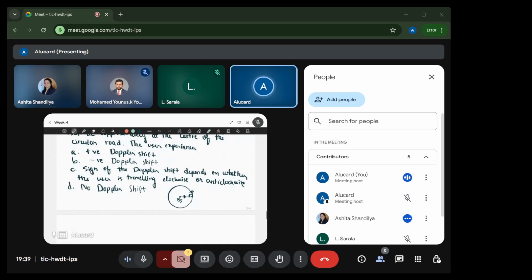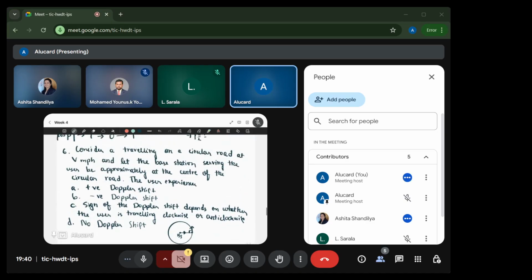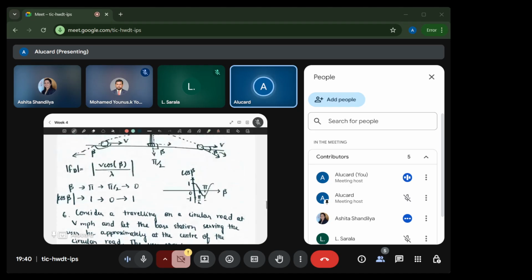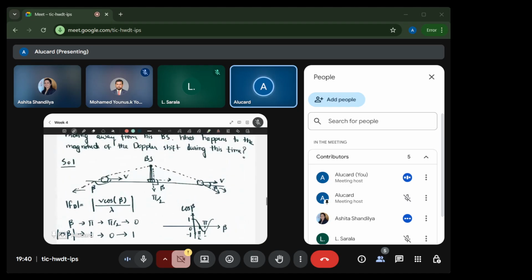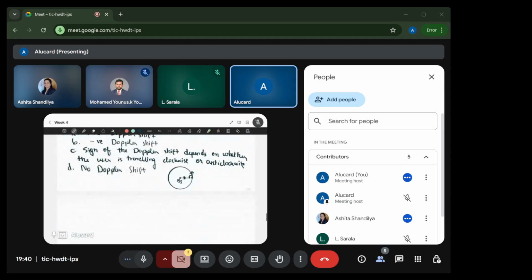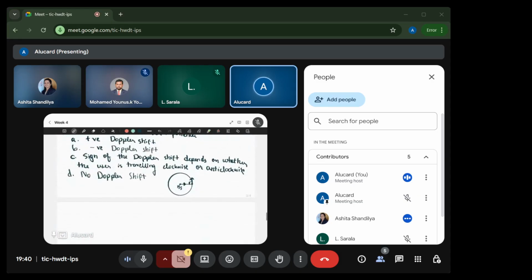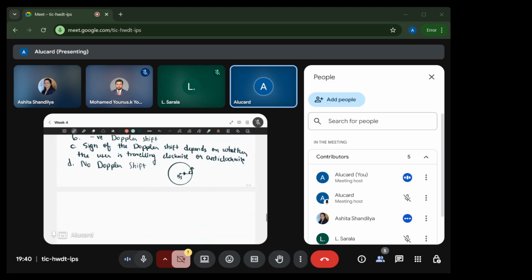If you can't remember the formula, that is still okay. I can give you just a layman's explanation of what is happening. Suppose there's a base station and the user is here. The base station is emitting radiation this way.